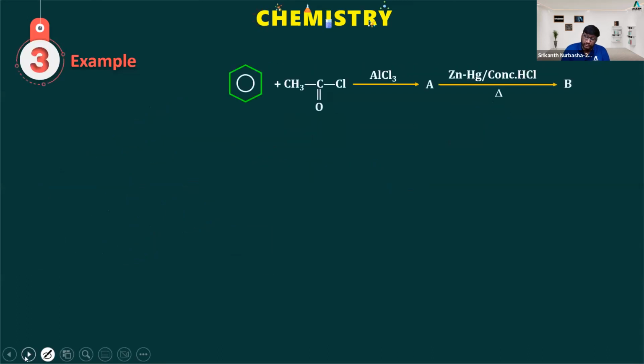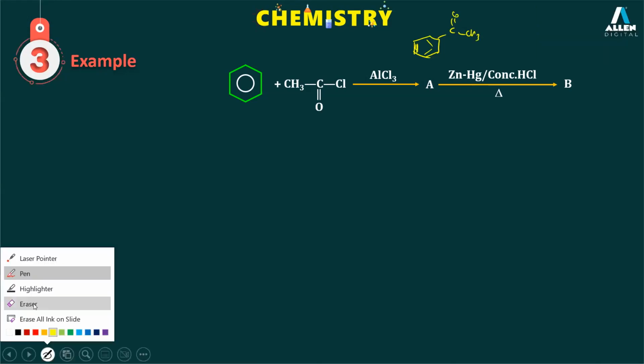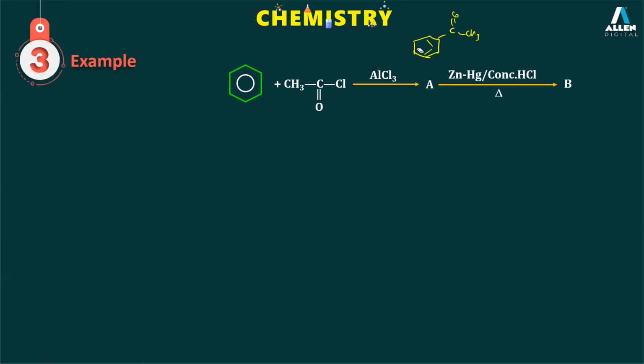Right? Look at this compound A and B. What is compound A? CH3COCl, AlCl3, benzene. Friedel-Crafts acylation you are doing. So C=O with CH3 is a ketone, and acetophenone is obtained. That acetophenone is treated with zinc amalgam in the presence of concentrated HCl. C=O is converted to CH2.